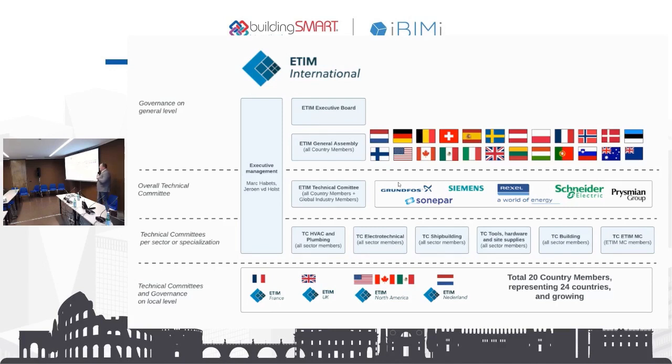And for the rest, ETIM International is 2 people only. All the work is done on the local level. We just make sure that everybody follows the procedures and guidelines, and we make sure that this ship is sailing course.